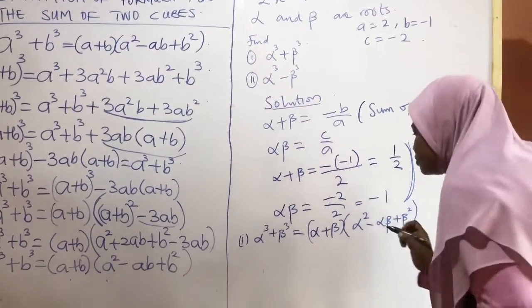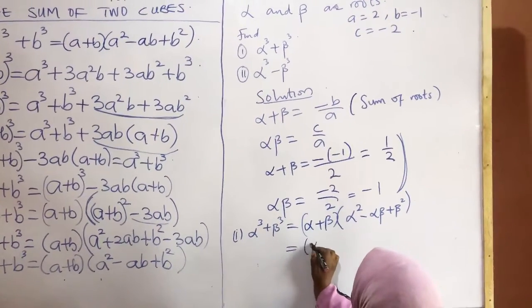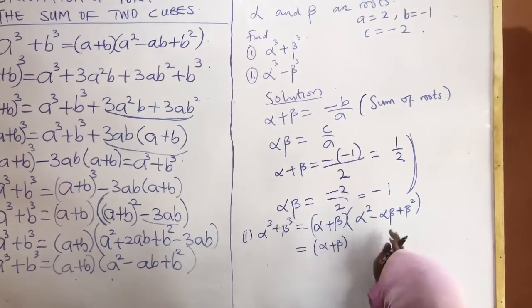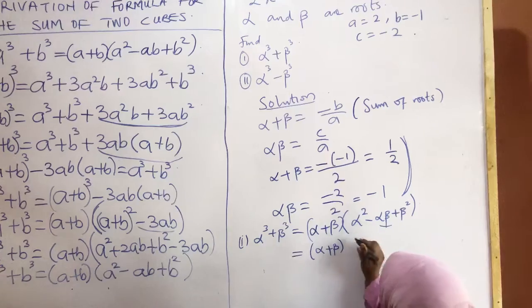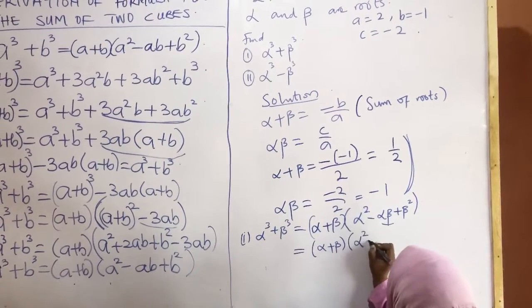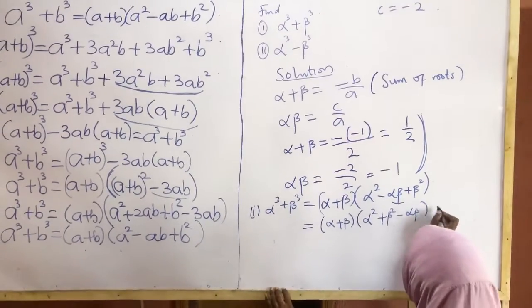You leave that one. We have known the value of alpha plus beta, and we have known the value of alpha beta. So we want to find the value of alpha squared plus beta squared, then minus alpha beta.